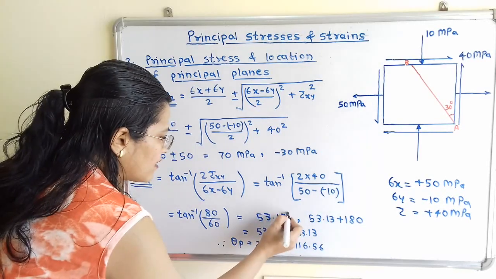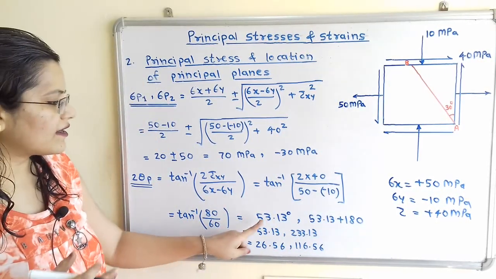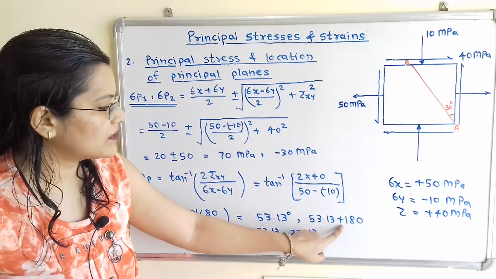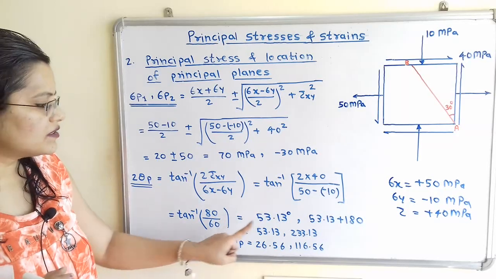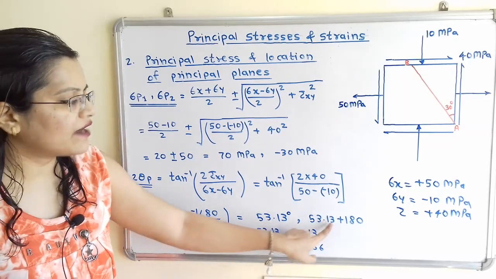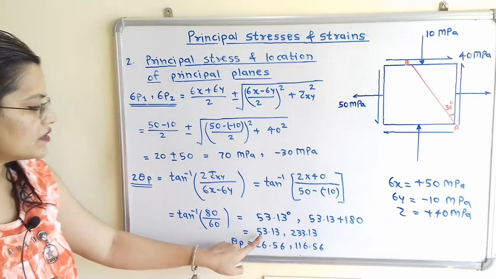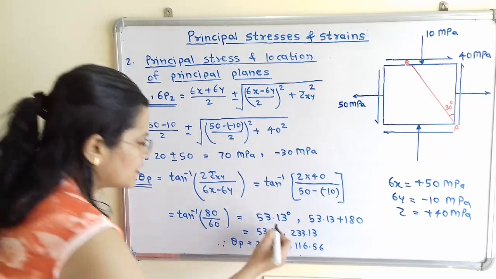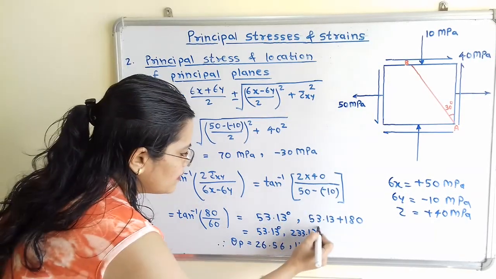This is the angle in the first quadrant. So we will get the second angle as 53.13 plus 180. So we get the two angles. First angle is 53.13 degree, and second angle is 233.13 degree.